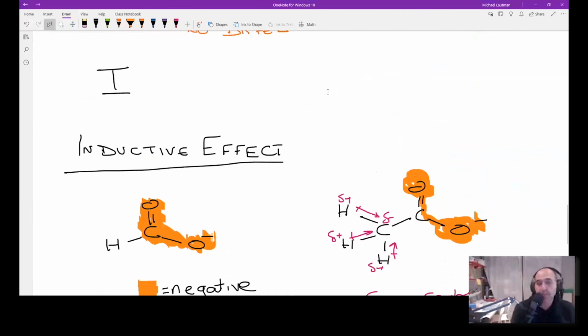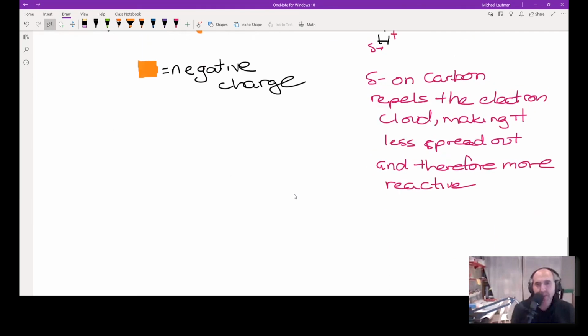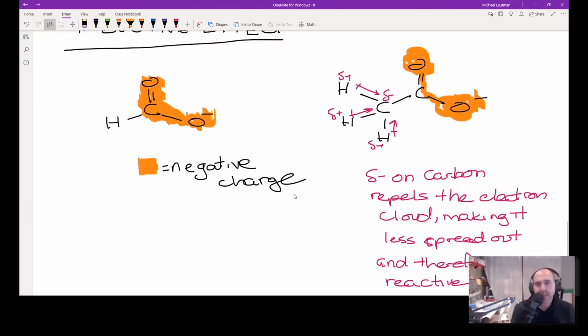The inductive effect works in both ways, though. So we see here, if we get a partial negative near the acid site, what does that do? Well, we see what that does, but it works the other way in that if we get a partial positive near the acid site.